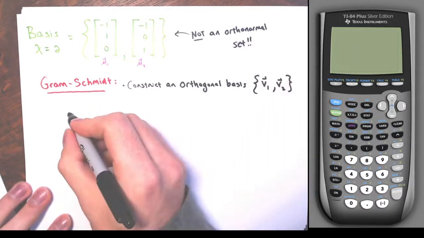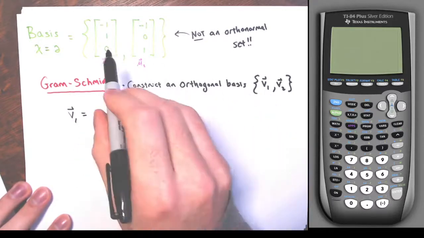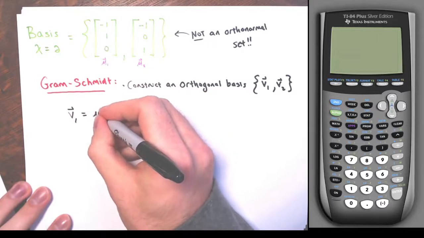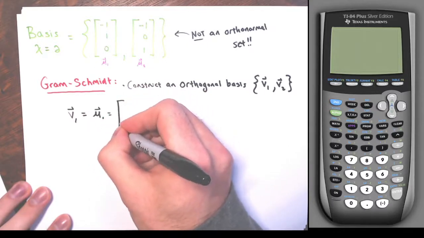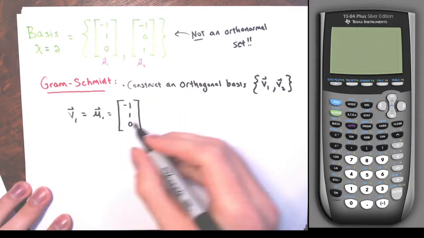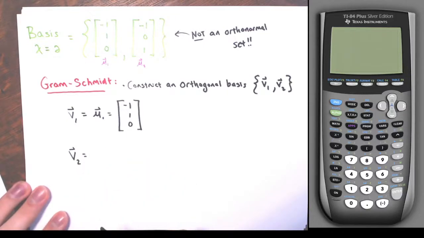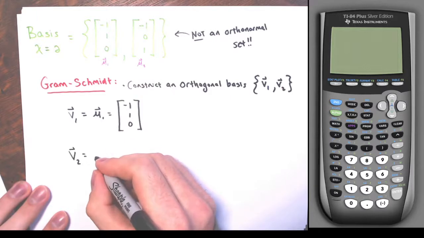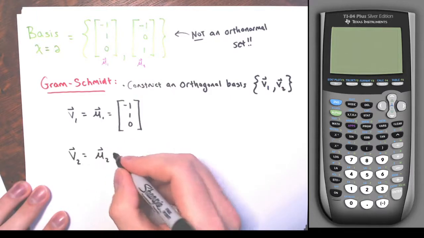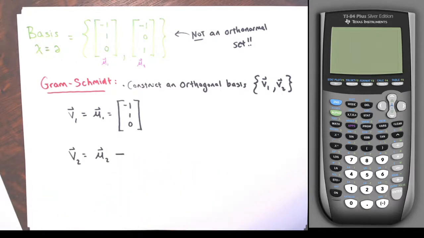So v1, in this orthogonal basis, is simply the first vector from your original basis. So v1 equals u1, just the vector negative 1, 1, 0. Then the second vector in the orthogonal basis is the second vector from the original basis, but then you subtract the projections of that second vector onto all the earlier vectors in the orthogonal basis.